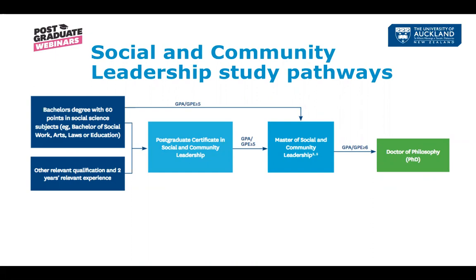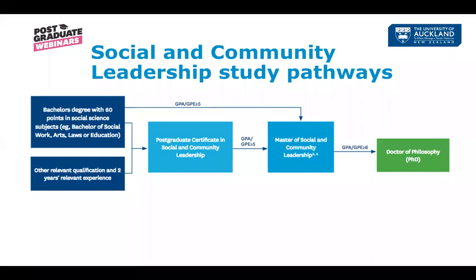So in terms of the study pathways then, the way that people gain access into this program is via a bachelor's degree with 60 points in social science subjects. To be honest, that can be social work, arts, laws, or education.